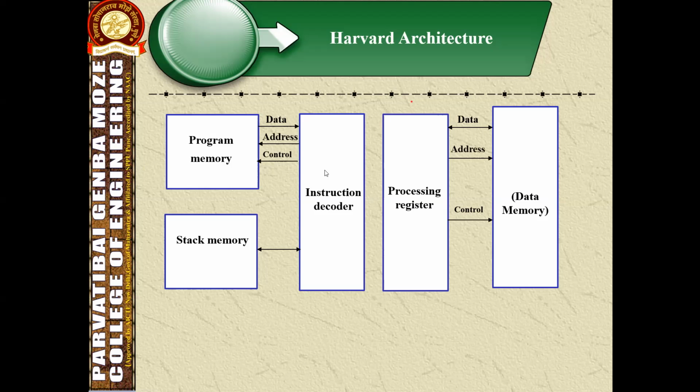If I want to access the program memory, the instruction decoder is the main unit used to control how the memory is accessed. First, the instruction takes the execution command, accesses the program memory, reads the instruction and decodes it, and after that it interfaces to the processing register to process the data based on the instructions.